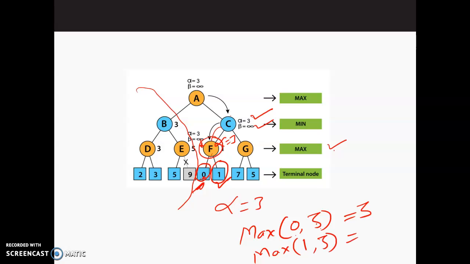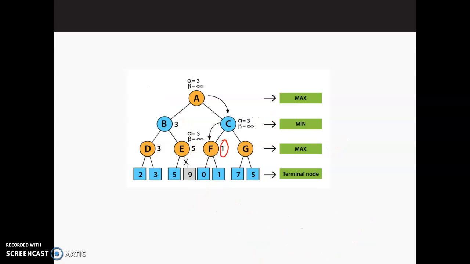So here we'll get 3 again because the maximum value is 3. And the node value at F is 1. So alpha value at F is 3 and node value at F is 1.